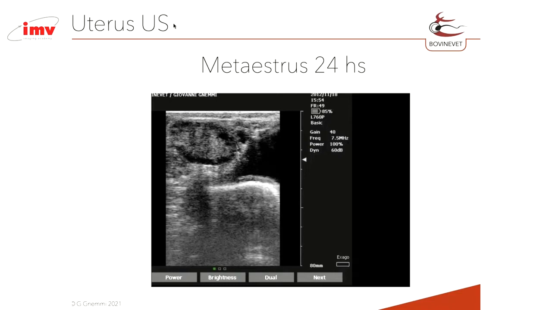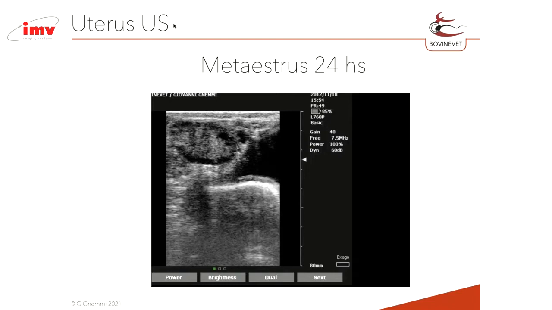This means that we have contraction of the myometrium, a thicker vascular tonica, a thicker endometrium, and we have fluid inside the uterus. In particular, the shape of the lumen of the uterus shows a star image or a Christmas tree image.